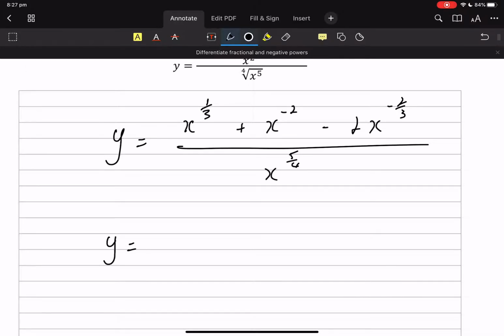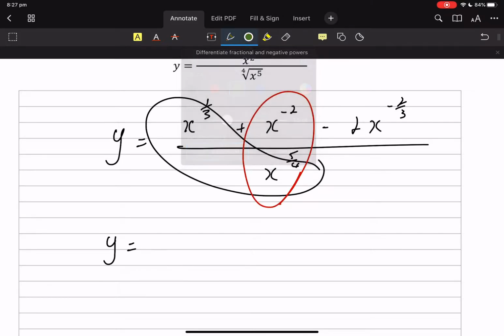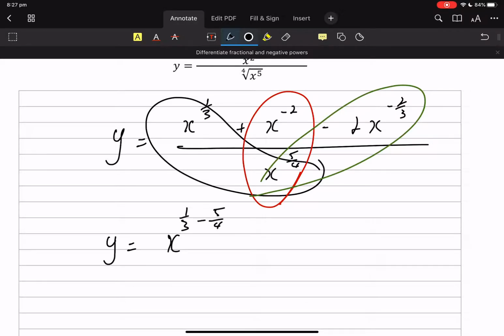Y equals. I'm going to put that by itself, and then that by itself, and then that by itself. So I'm going to leave them there. So the black one is going to be x to the 1/3 minus 5/4. If I cared, I'd do that manually, but I don't.